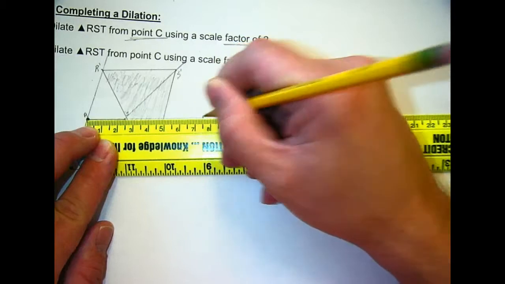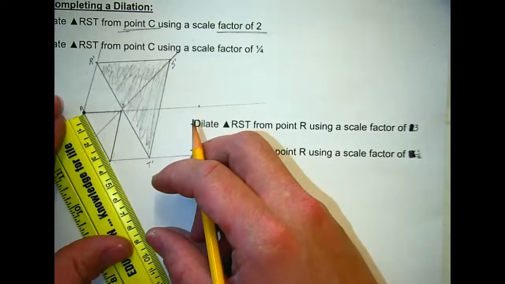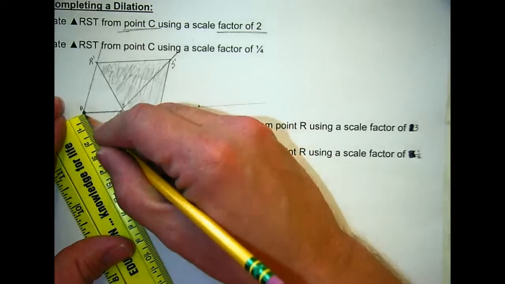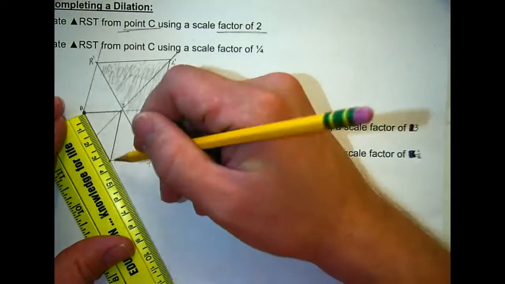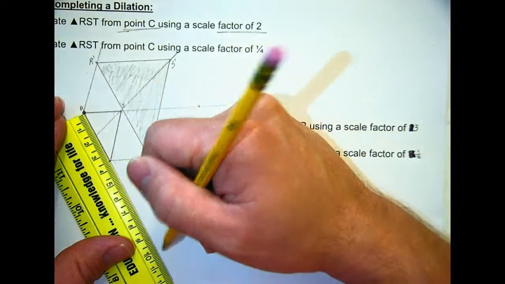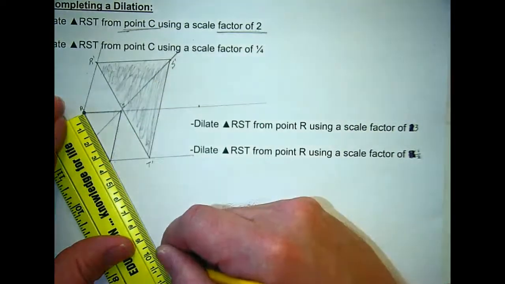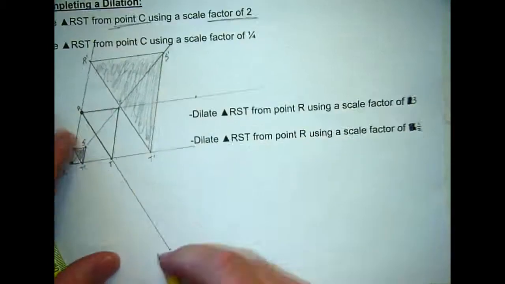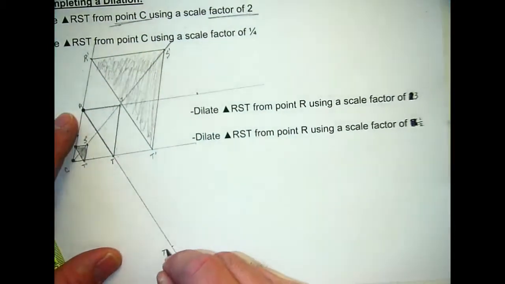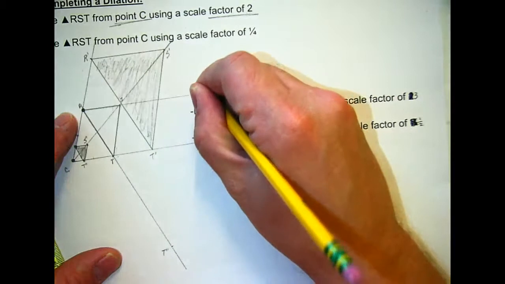All right, right there. And then looks like 3.5, 7, and then we need to go out to 10.5. Do I have enough? Oh, I do. Good. All right. So this is T prime, prime, prime. This is S prime, prime, prime.